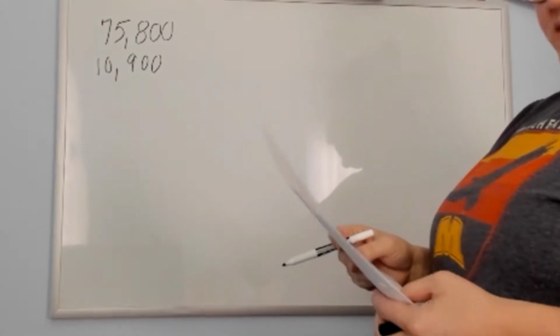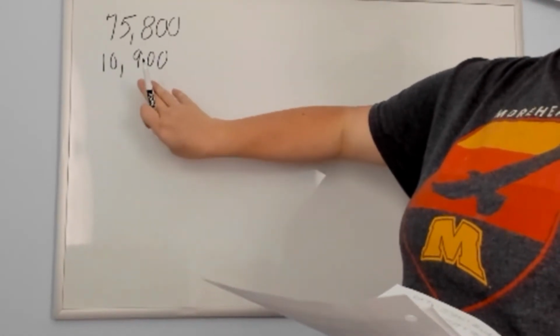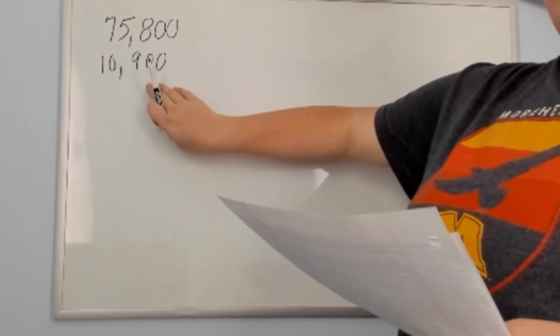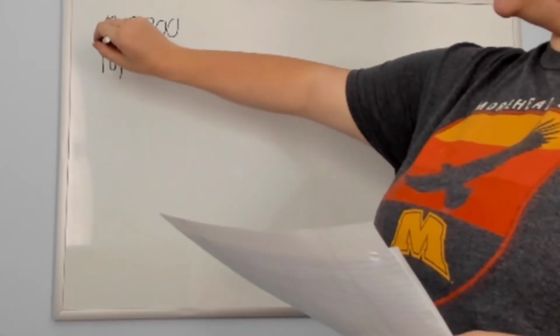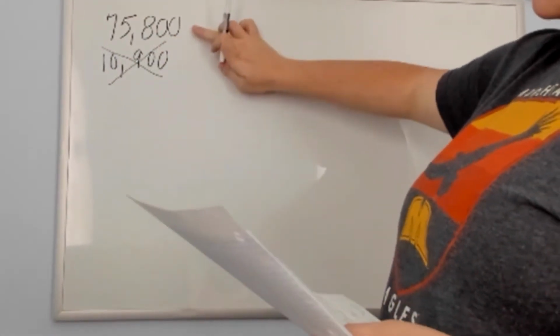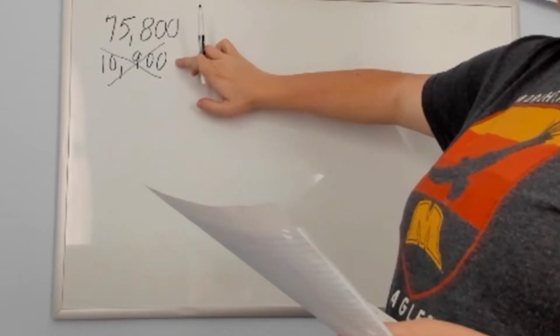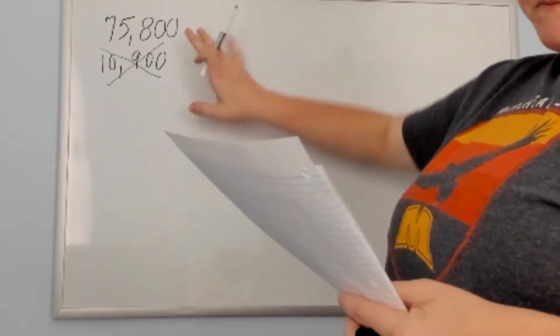This type of bond is not a corporate bond, so it actually gets an incentive, so you don't have to use that in the taxable income. You'll only be using the 75,800.